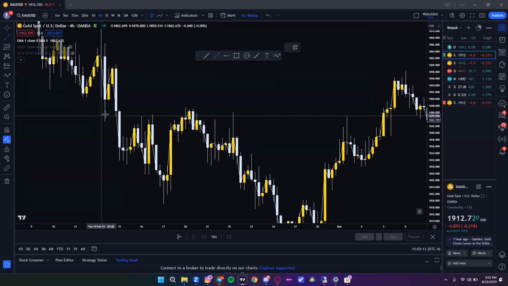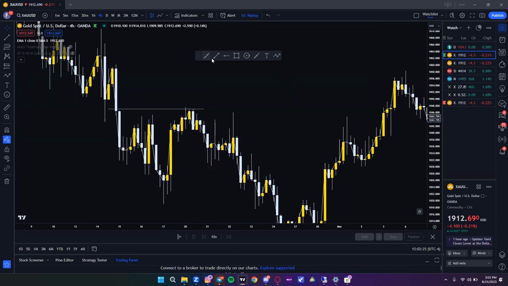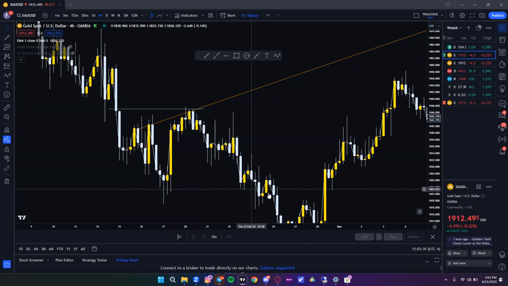Let's see if this is one of the trend line ones. Yeah, that's trend line 1.